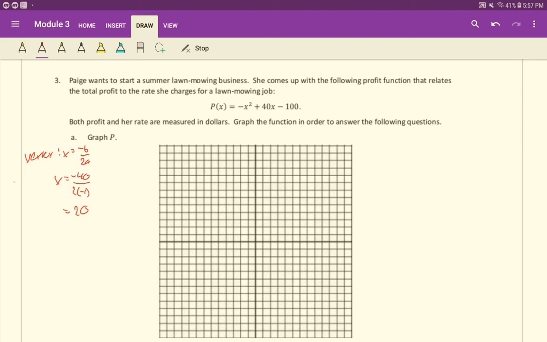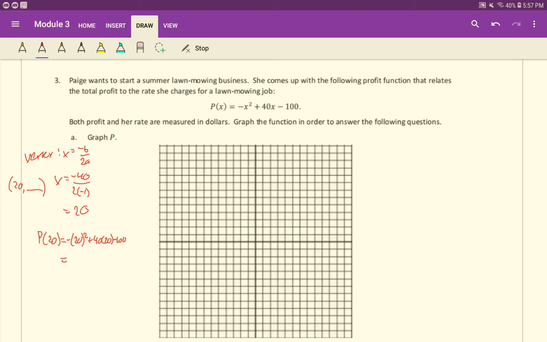Okay, so the vertex has an x-coordinate of 20, comma, and then what's that y-coordinate? Well, we're going to plug it in there to the function. So P of 20 equals negative 20 squared plus 40 times 20 minus 100.